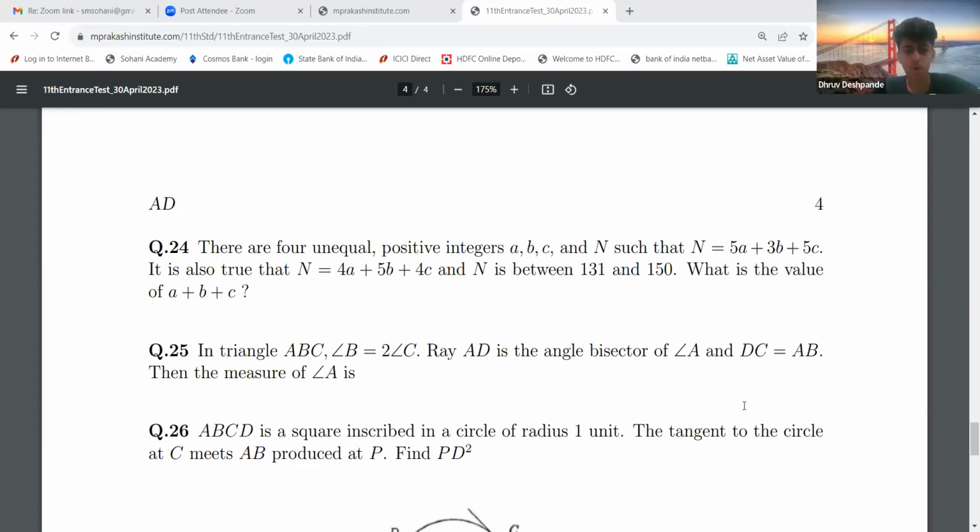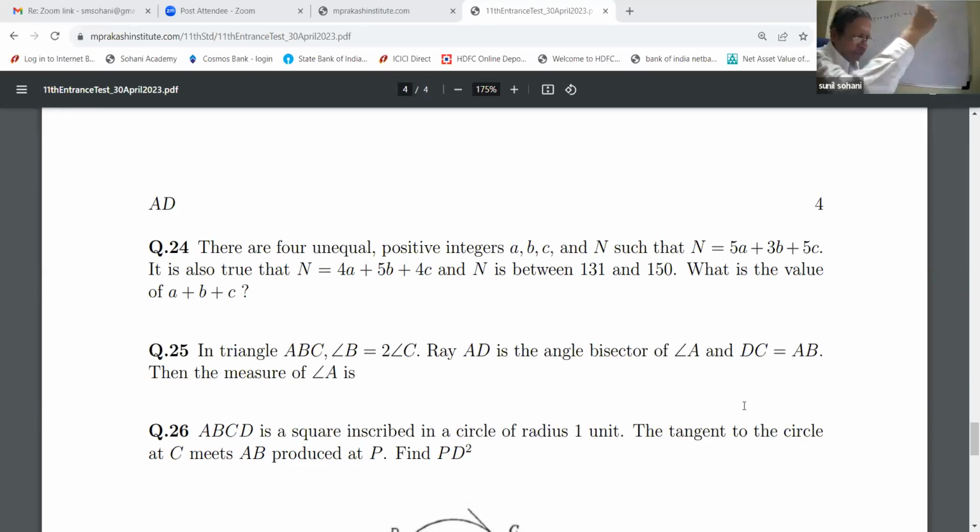So can you use that mod thing here? Pardon me? No, wait. Let us first understand the question. And it is also true that n is equal to 4a plus 5b plus 4c. So I can write this expression is also equal to 4a plus 5b plus 4c. So can you stop sharing the screen? You can see your board then.